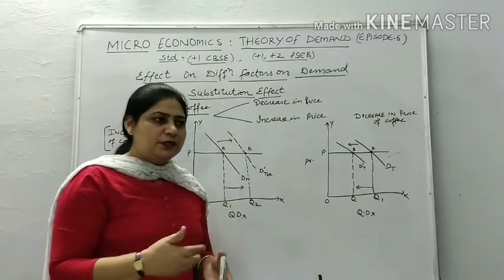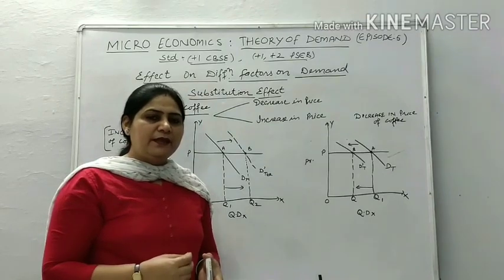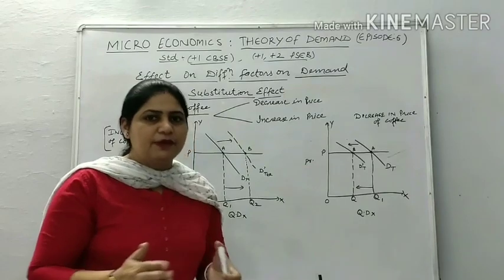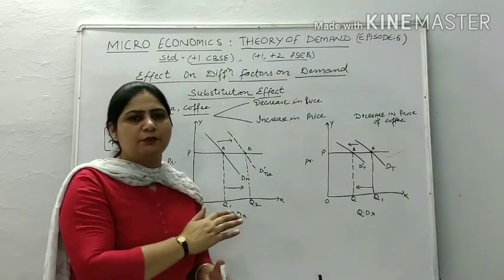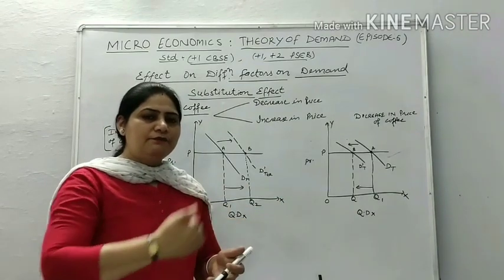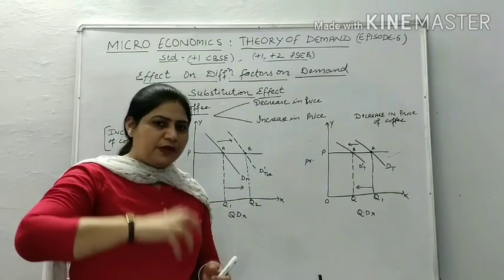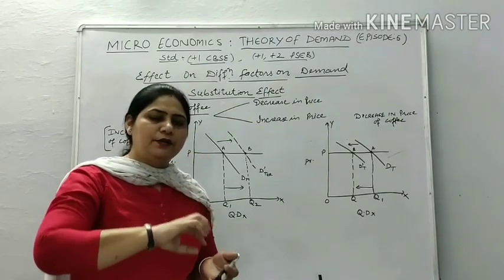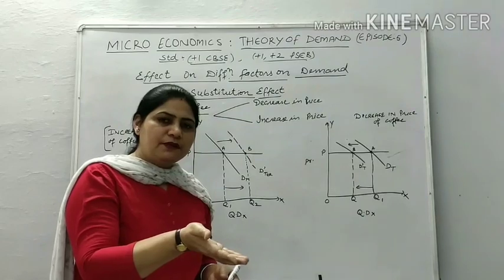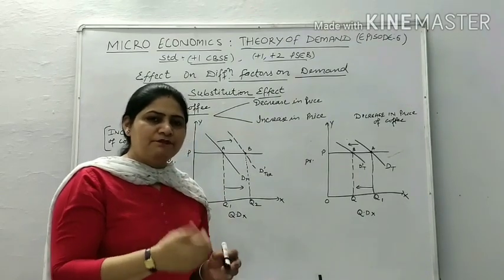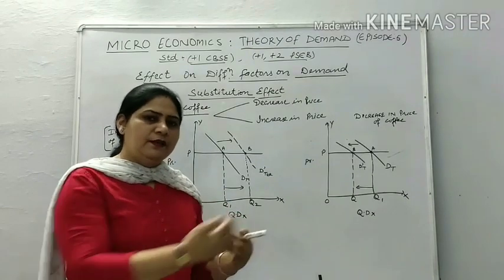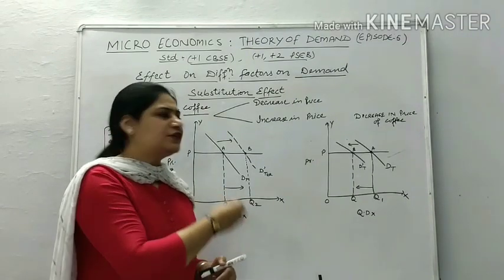You have to keep in mind that if some changes occur that are favorable to the demand for a particular quantity, they will be shown by forward shifting. If the changes in other factors are favorable, you can show it through forward shifting, and if the changes are unfavorable, then you can show it through backward shifting of the same demand curve.